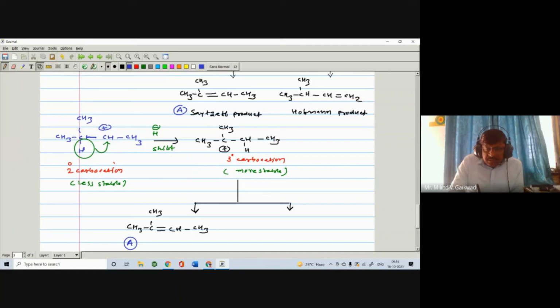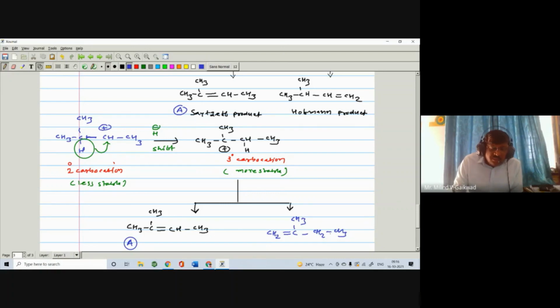But if you remove the hydrogen from the methyl group, you also get this type of compound: CH2 double bond, CH3, then CH2 and CH3.